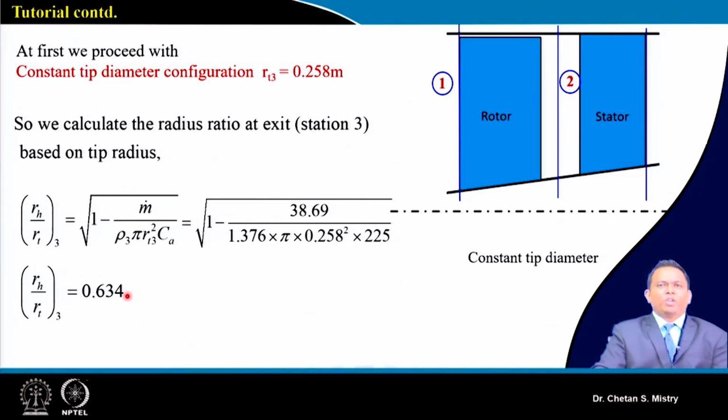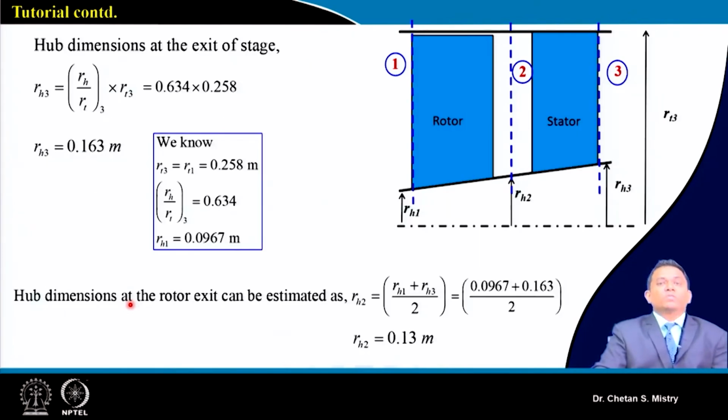Suppose you are doing your design for some kind of radius ratio assumption, maybe this will help you in the sense of what numbers need to be selected. Now once this is known to us, we can calculate our hub radius, and my hub radius is coming to 0.163 meter.